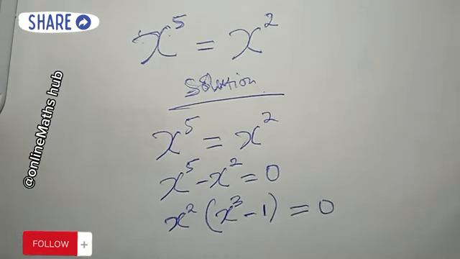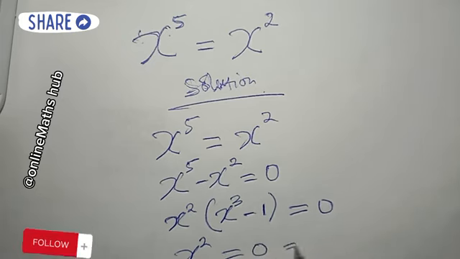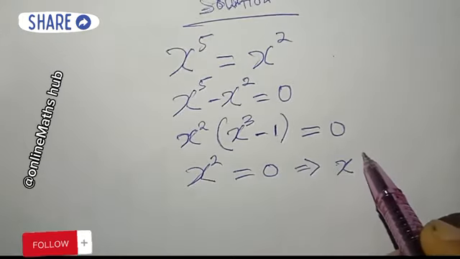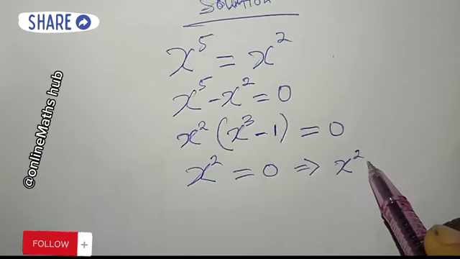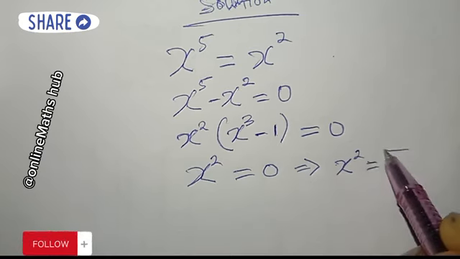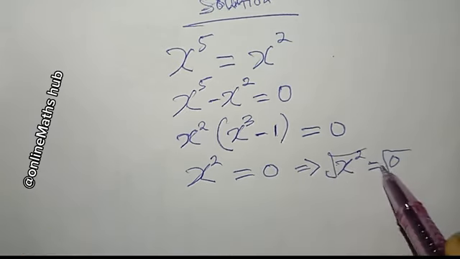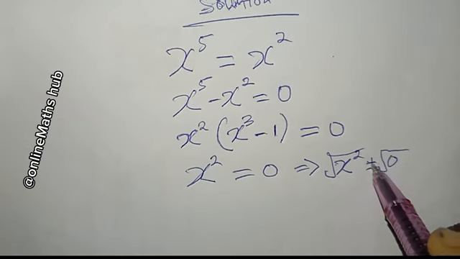So here clearly you can see that using the zero product rule, x power 2 is equal to 0, which of course implies that x power 2 is equal to 0. I can actually take the square root of both sides. Of course, this is plus or minus.